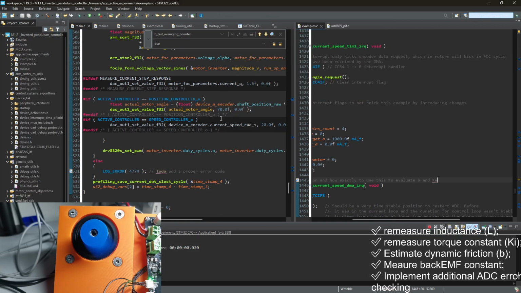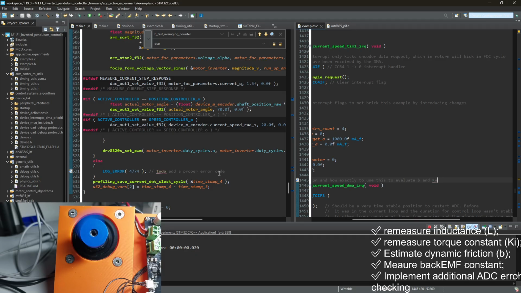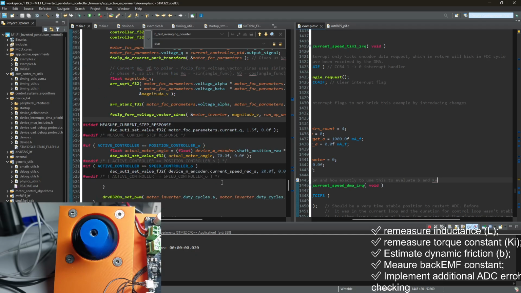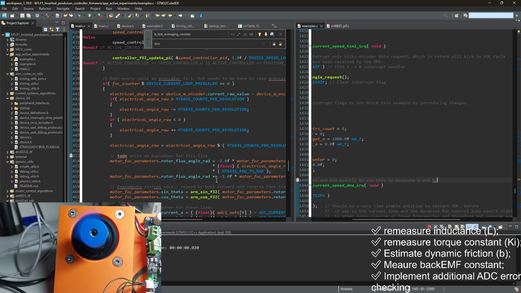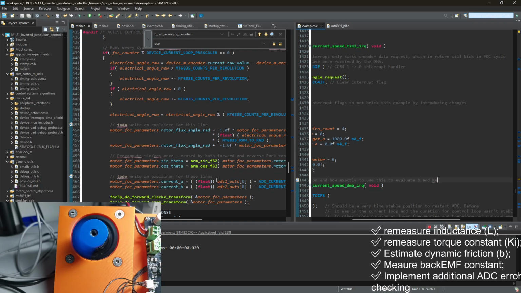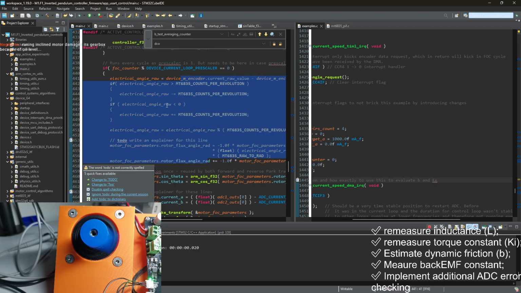So let's see, do we have anything else we need to remove here? Maybe this can be separated into a function.